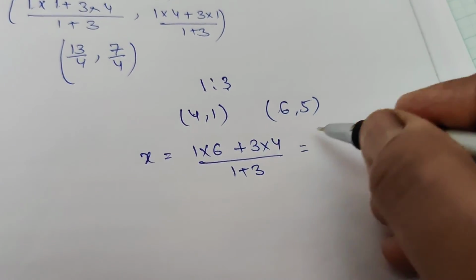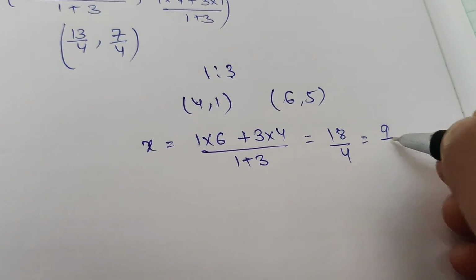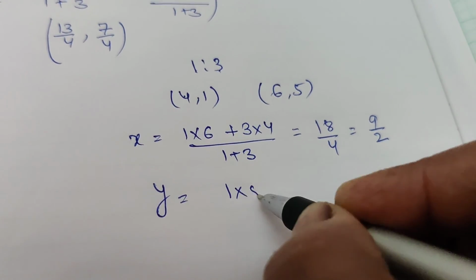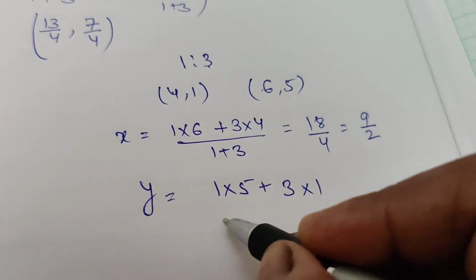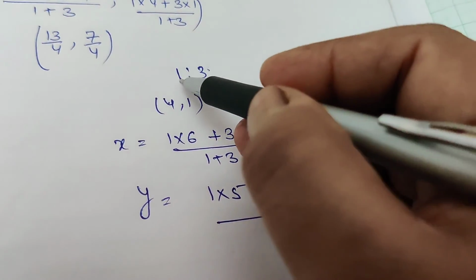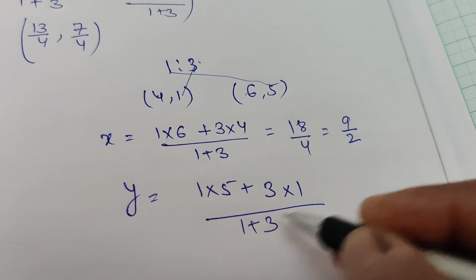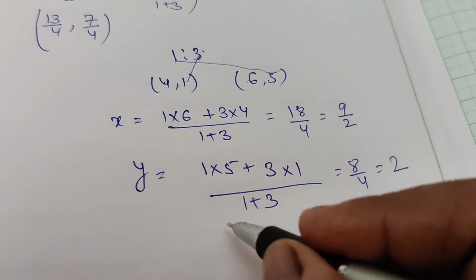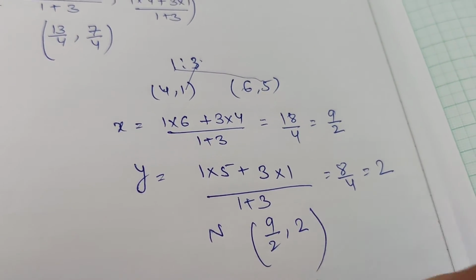This is 18 by 4, and cancel, 9 by 2. And y equal to m1 y2 plus m2 y1, 1 into 5 plus 3 into 1 by 1 plus 3. 8 by 4 equal to 2. The coordinates of N is 9 by 2, 2.